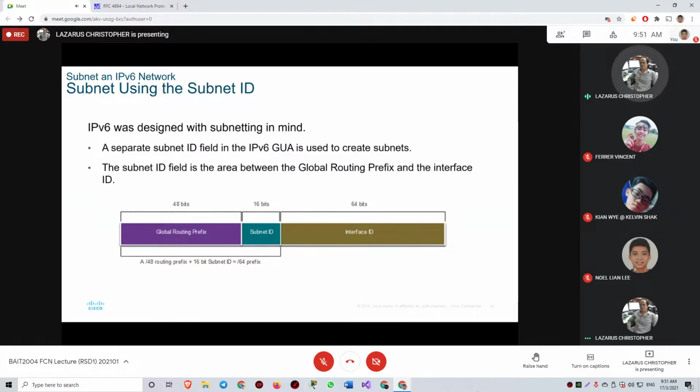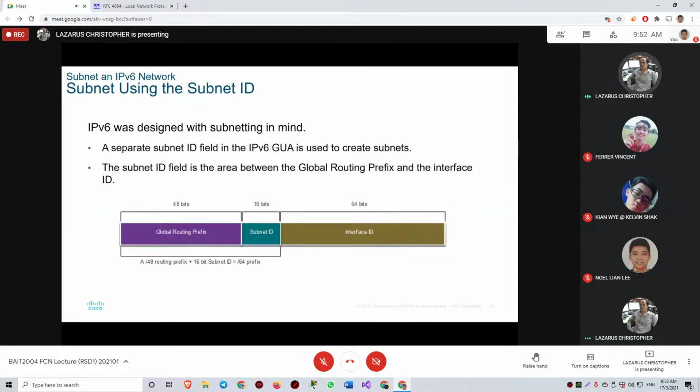So you get your global routing prefix from your ISP, for example, but the ISP does not have any say on the subnet ID. The subnet ID is used by the organization to provide different networks. So you have 16 bits, and you can use the same formula, 2 to the power of n, with n being the number of bits, to see how many subnets you can create.